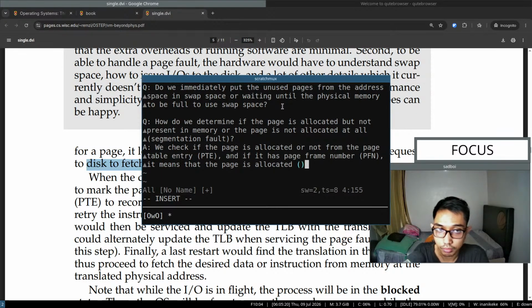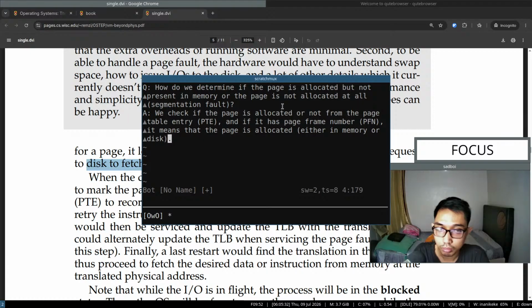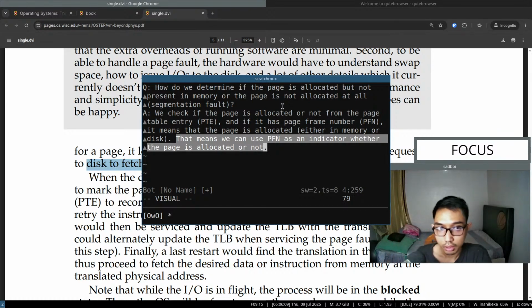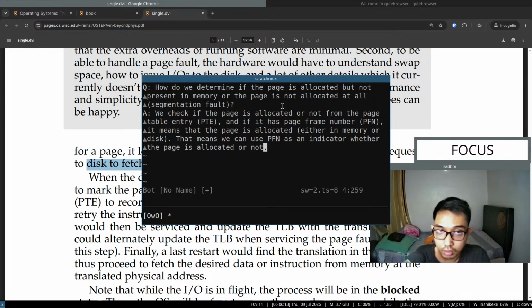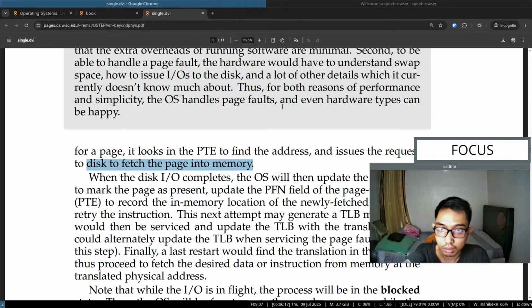That means we can use the page frame number as an indicator of whether the page is allocated or not. Maybe something like this.